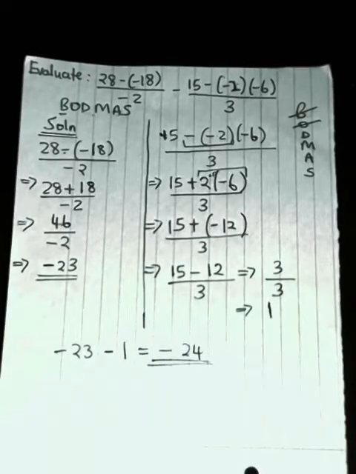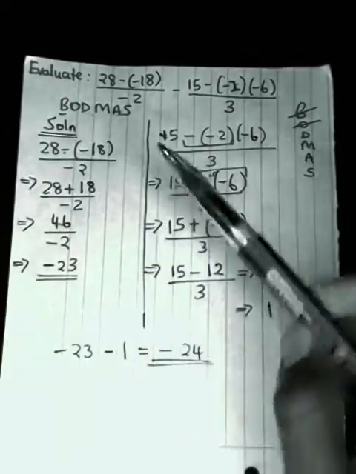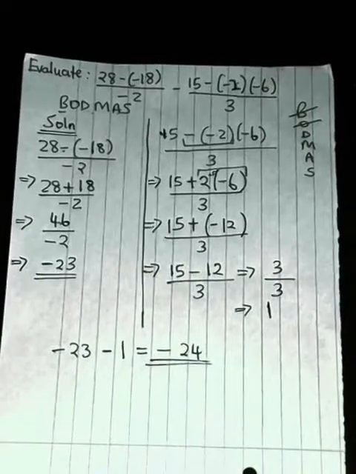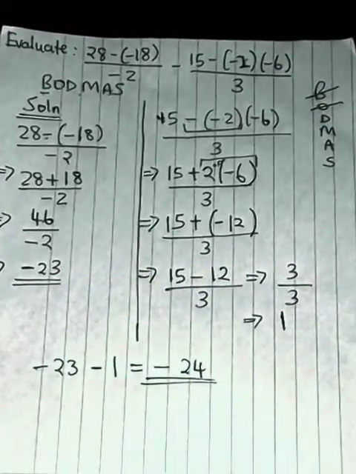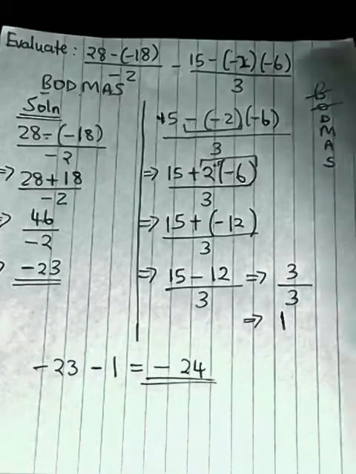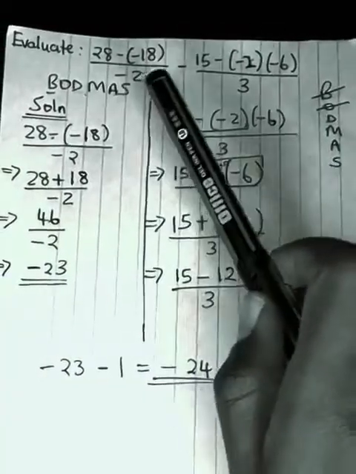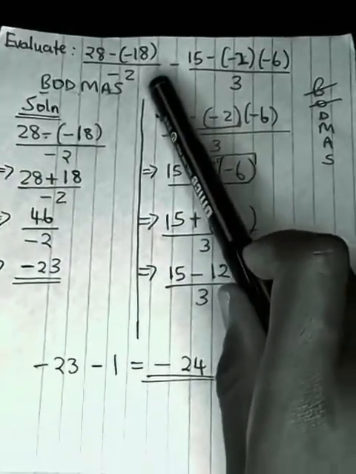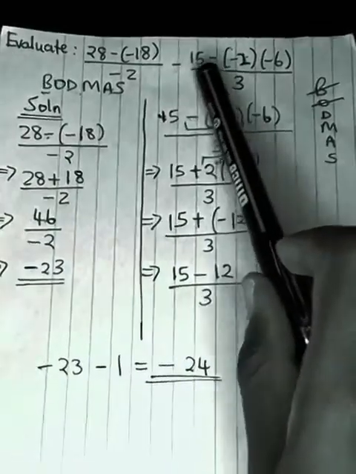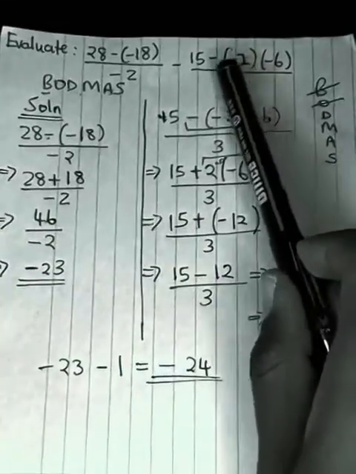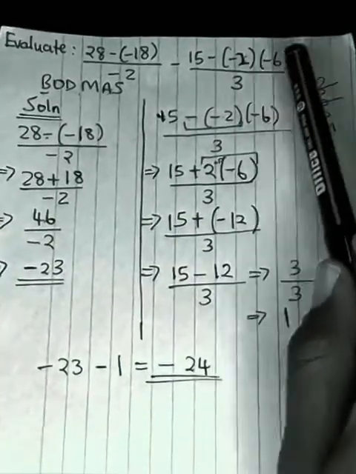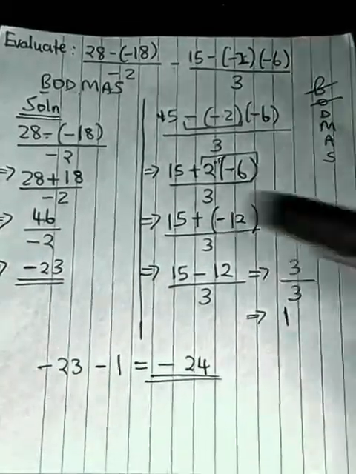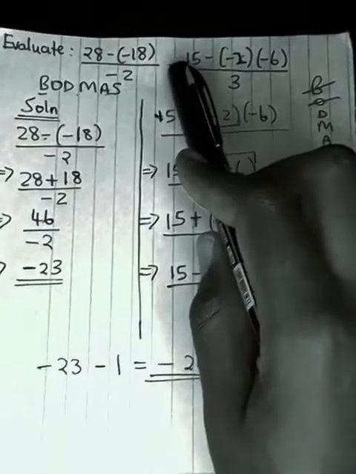We have another example here, still applying the concept of BODMAS. As you can see on your screens, it is: evaluate 28 minus open bracket minus 18 over minus 2 on the left side of the subtraction sign, then there is 15 minus 2 bracket minus 6 over 3 on the right-hand side of the main sign, which is the subtraction.